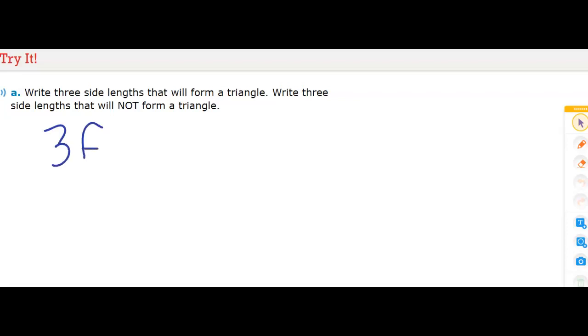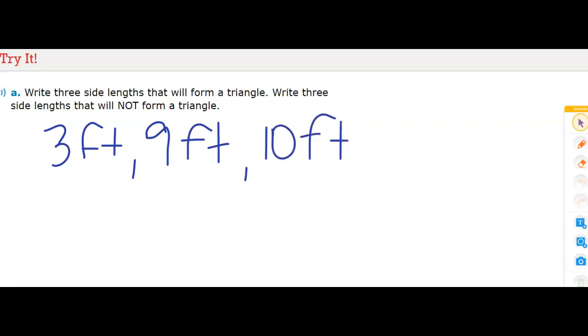3 feet, 9 feet, 10 feet. If we had these 3 sides, these would make a triangle. If we were not, let me do a different color.